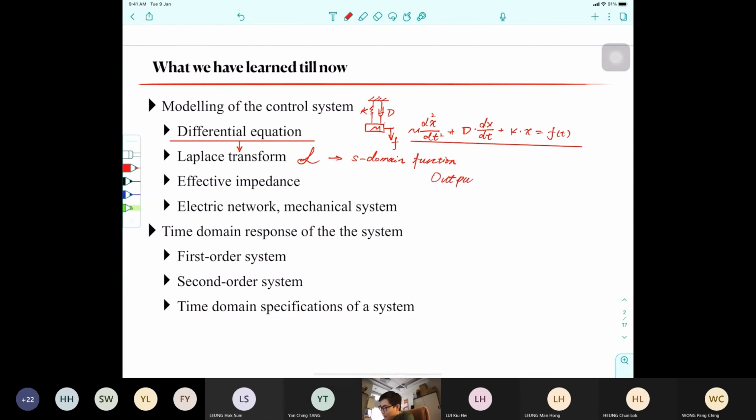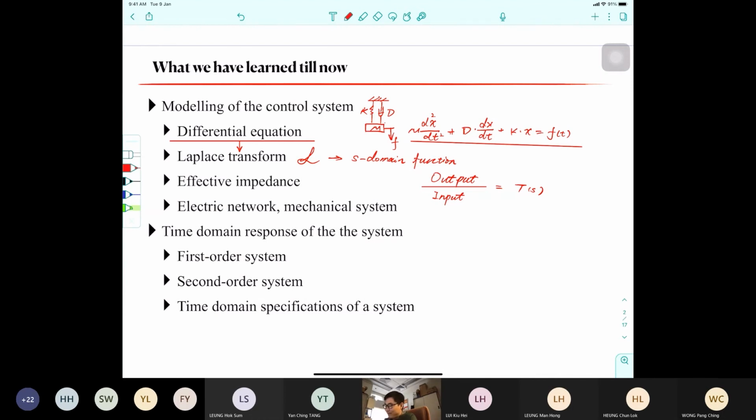Output over input is the transfer function of the system. It is a S domain function, right? So the transfer function connects the input and the output together, right?